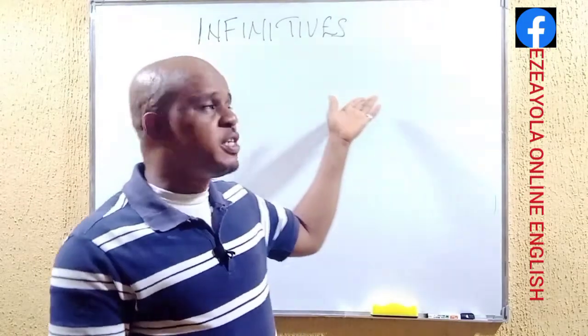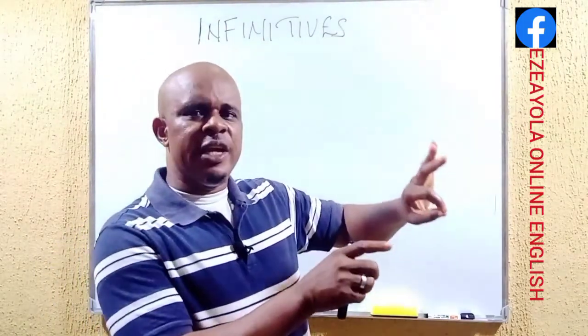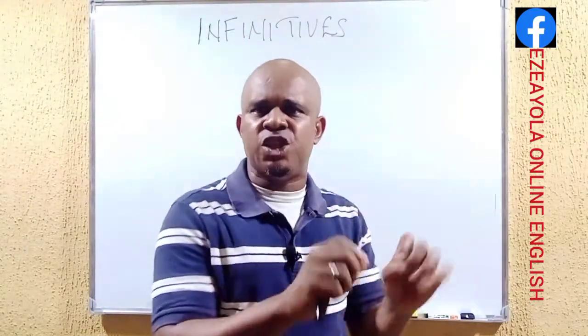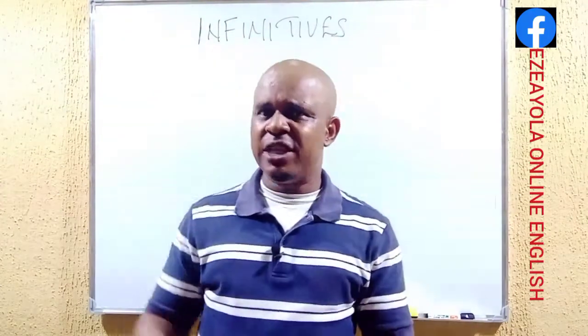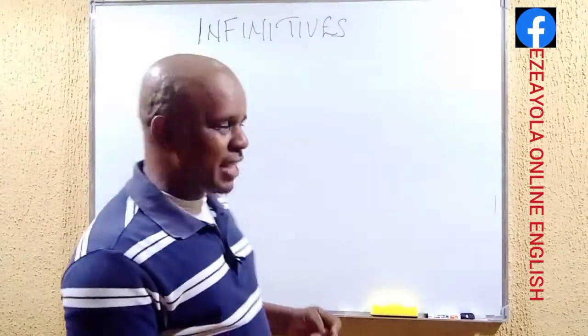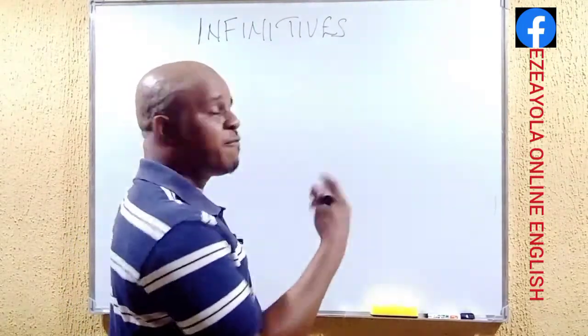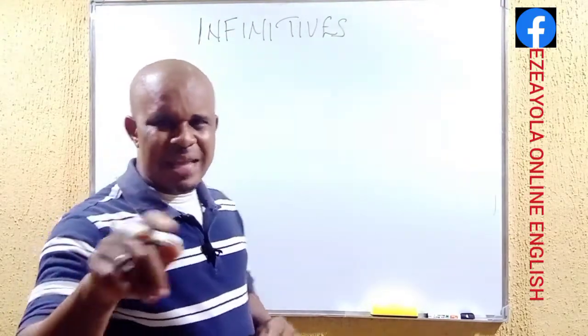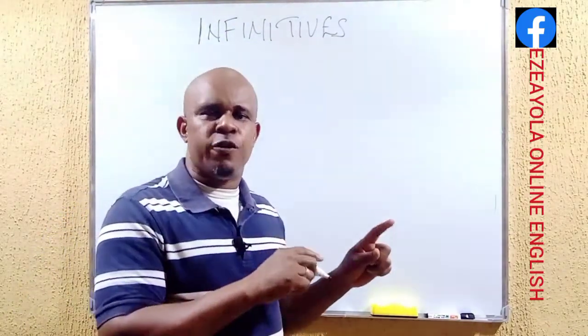The infinitives here on the board are equally aspects of the names that have their own shape and nature in appearance. Just like we have the gerund. Gerunds are verbs that are seen as nouns, the verbs that possess the ing form.